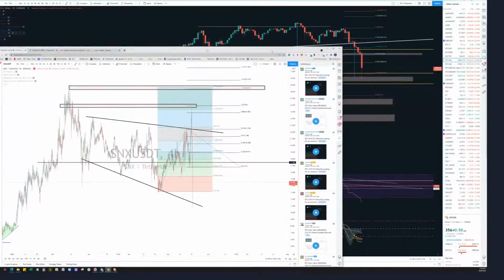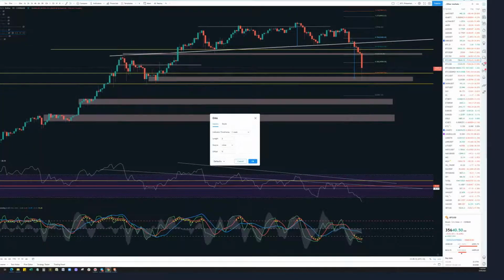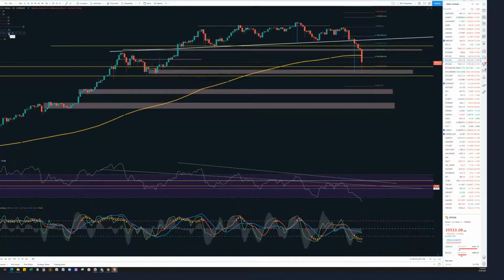So move that across. Don't need that at the moment. My 34 weekly is this one here. Okay. I was looking at this on the 34 weekly as a support level. It might act as resistance.